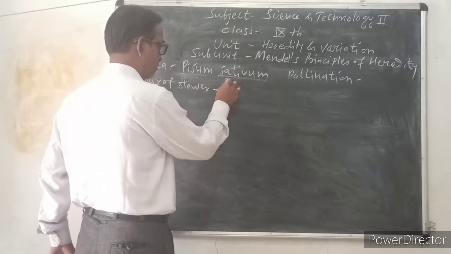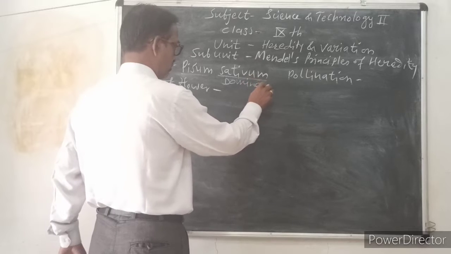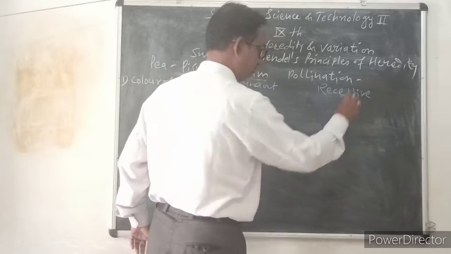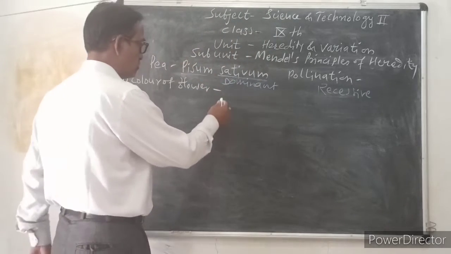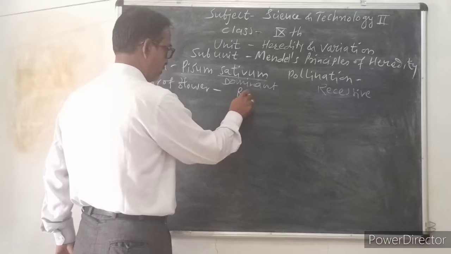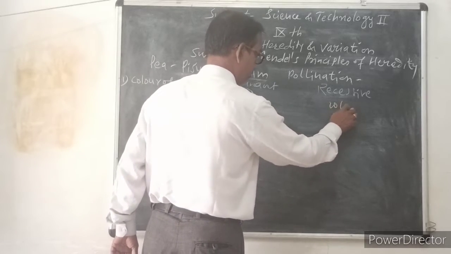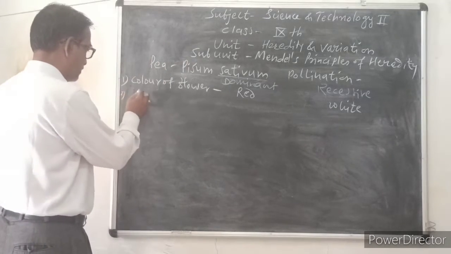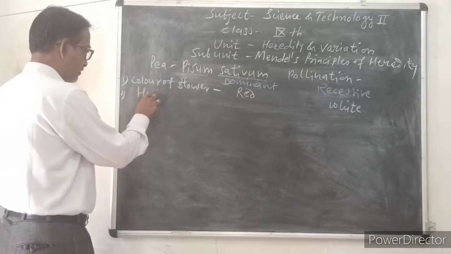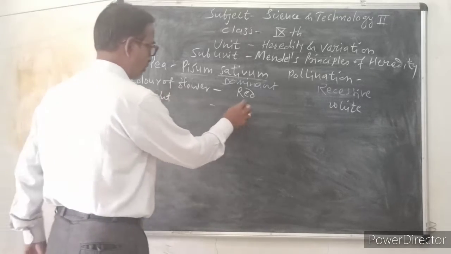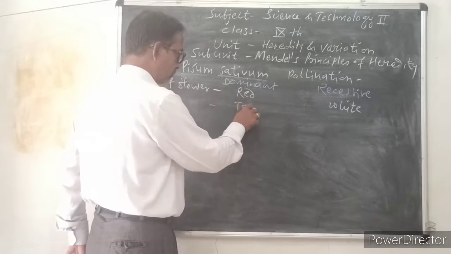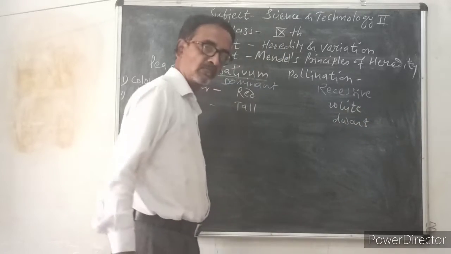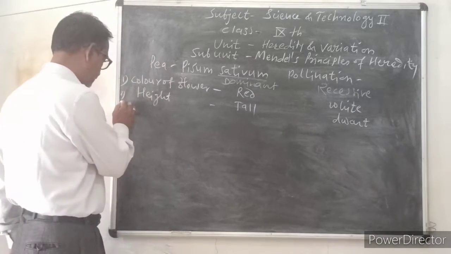So, color of flower, red and white, is the first. Then second is height of plant. Dominant is tall, recessive is dwarf. Dwarf means short.